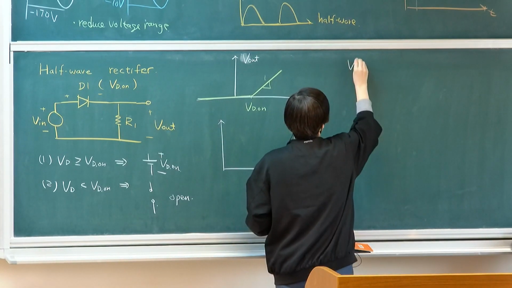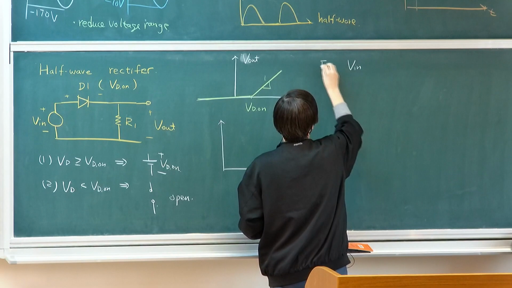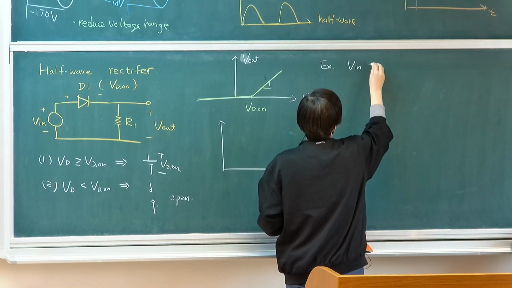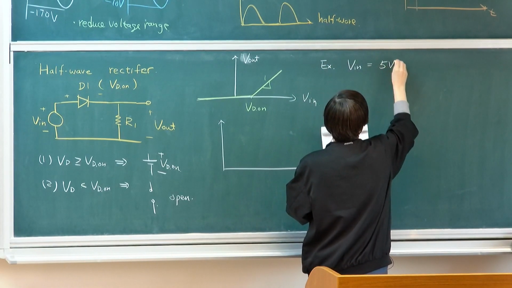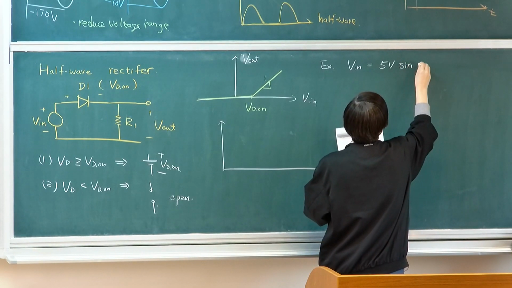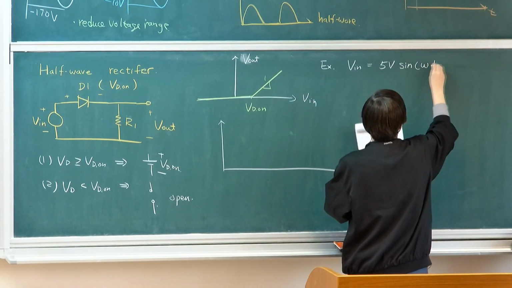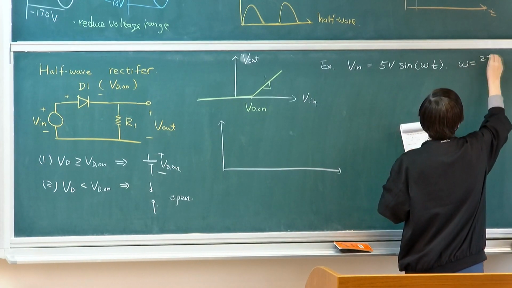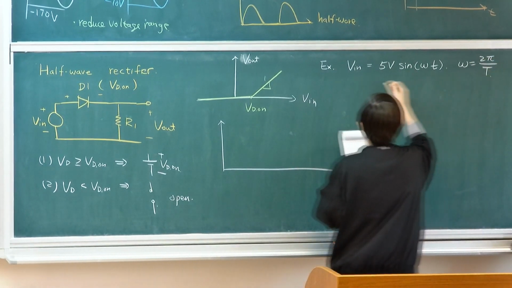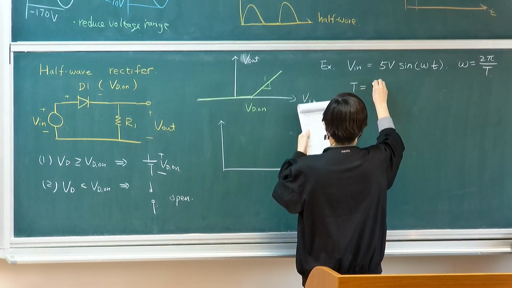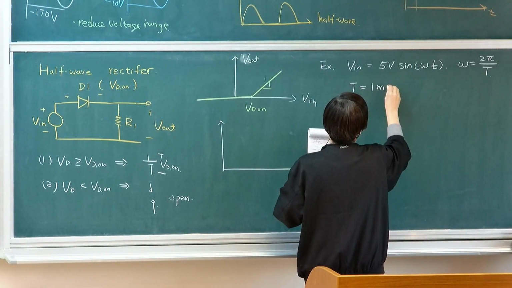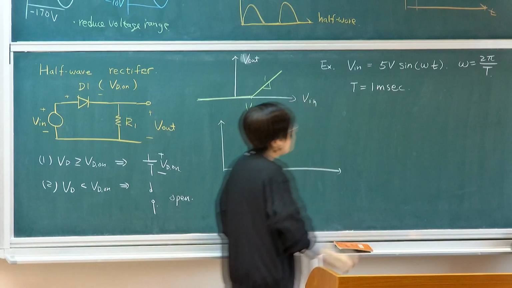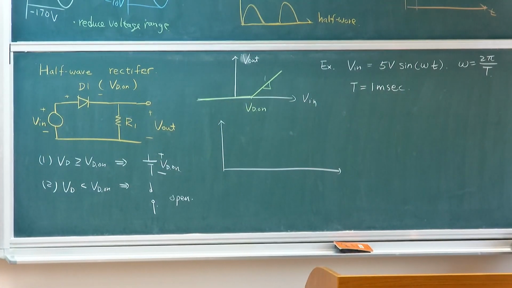Let's say, for example, the input is given as 5 volt sine omega t with a frequency 2 pi over T, where your period is 1 millisecond. So if I give you this example, you should be able to draw the plot of the responding output, VL.